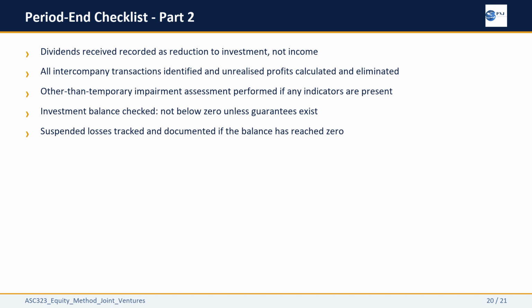If any impairment indicators were present, confirm that an other than temporary impairment analysis was documented and concluded. And check the investment balance. If it is at or near zero, confirm that loss recognition has stopped and that any suspended loss amount is documented. These steps prevent the 5 common mistakes we covered earlier in this section.